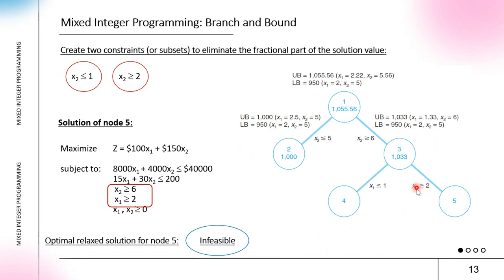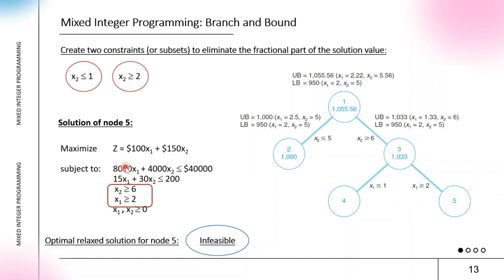Here we must add the new constraint in node 5 to the relaxed LP form of the optimization problem that we have at node 3. This process creates a new relaxed LP form for the optimization problem, as we can see from the left side of the slide.